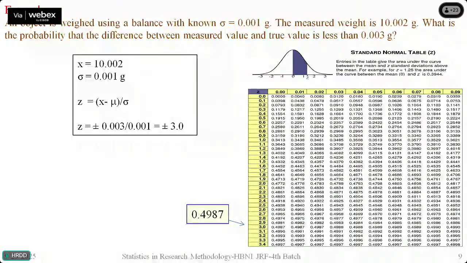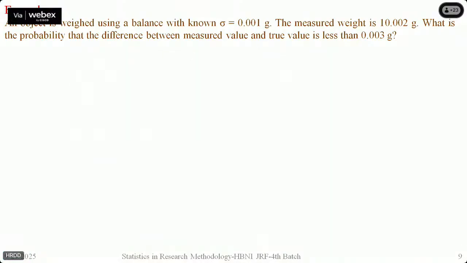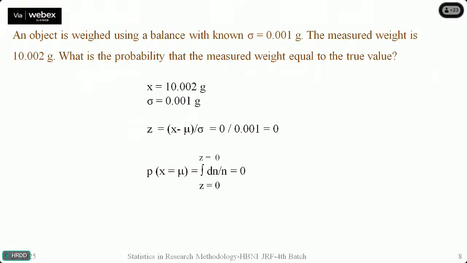That means the probability that the measured value equals the true value is almost 0. It is a very, very rare chance that you land on the true value when you do the measurement.